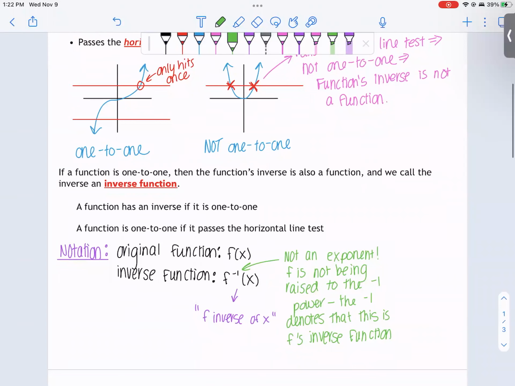The -1 denotes this is f's inverse function. I make that note because if you have x to the -1, this is 1 over x. So it's a little bit weird that this doesn't mean 1 over f of x. It almost feels like it should, based on the fact that negative exponents typically do that, but it doesn't.